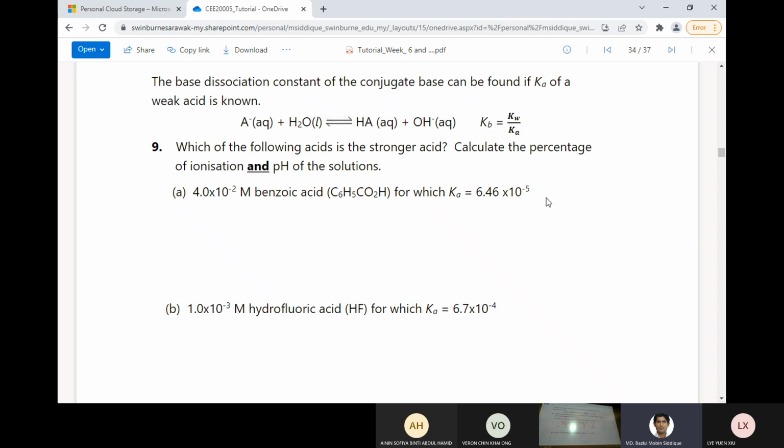So this is change. And what is the final outcome from this? At equilibrium, or final, you can say, 4.0 times 10 negative second minus X, and it is X, X. This table is the ICE table, right? This is the ICE table.